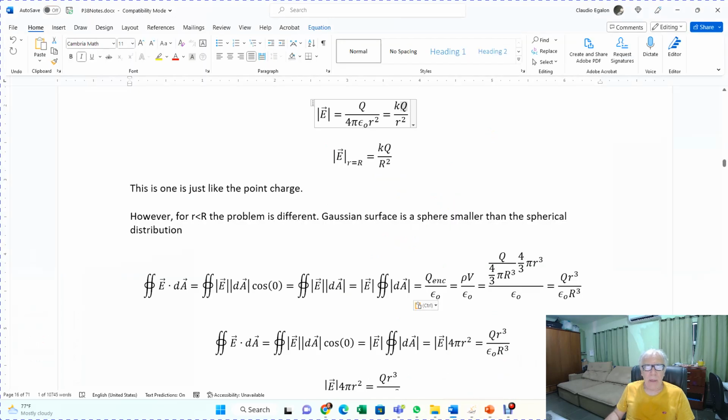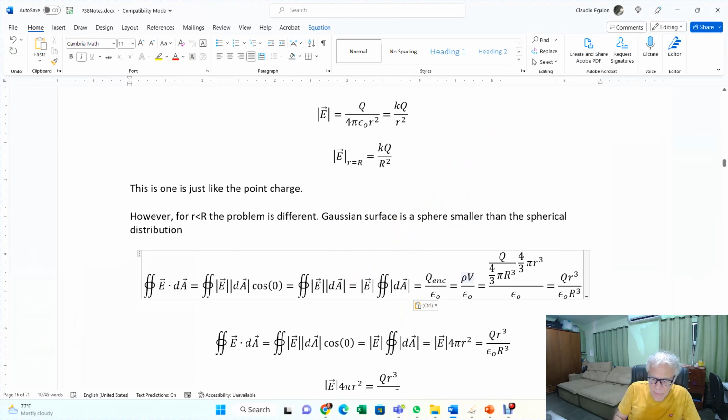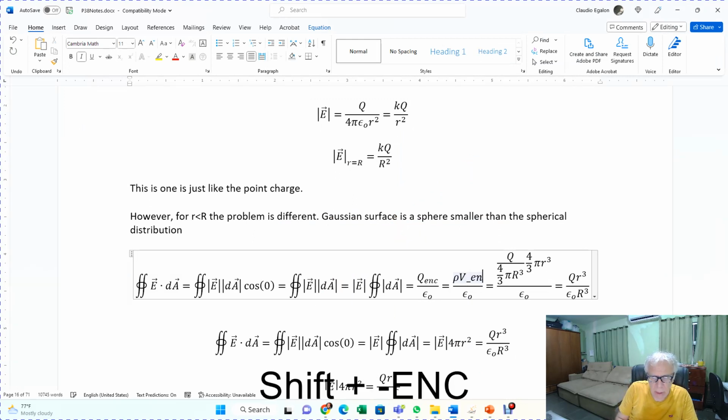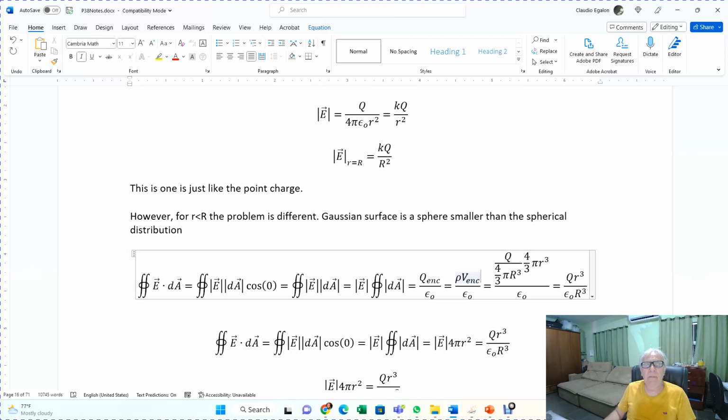Okay? Q enclosed is going to be rho, which is the volumetric charge density, times the volume enclosed by the Gaussian surface. So, the charge density is going to be given by the net charge divided by the net volume of the sphere.